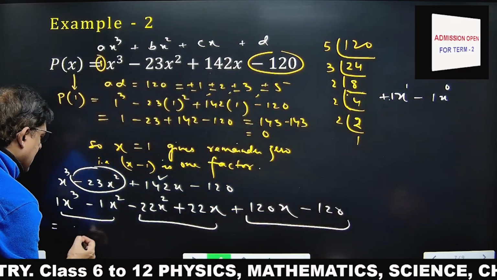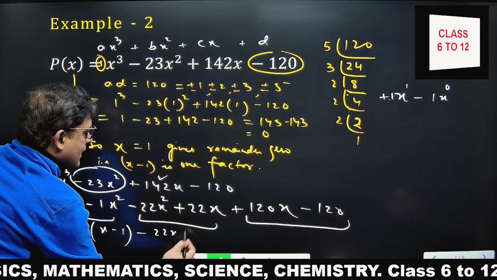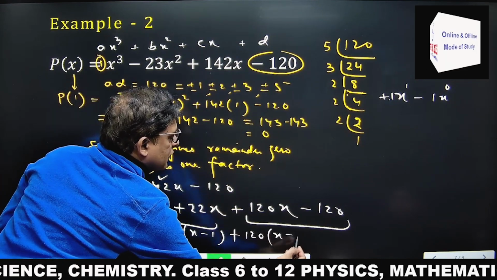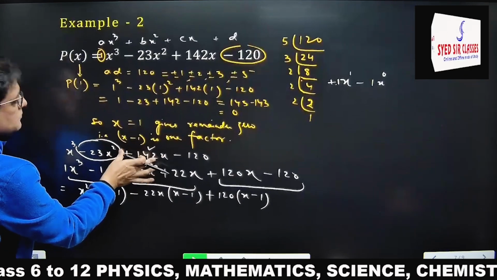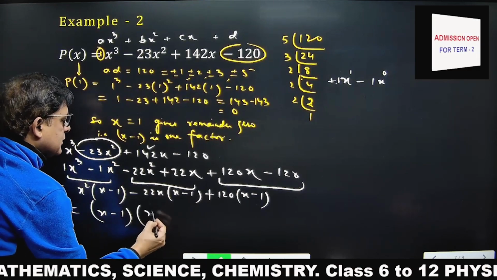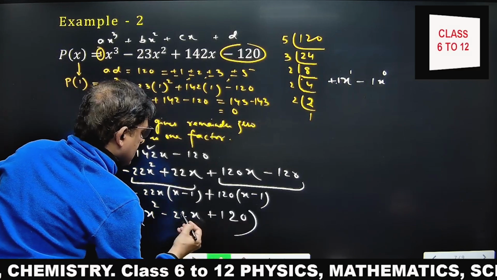That is why I got x square common, x minus 1, minus 22x, x minus 1, plus 120, x minus 1, and finally I got here x minus 1 into x square minus 22x plus 120.